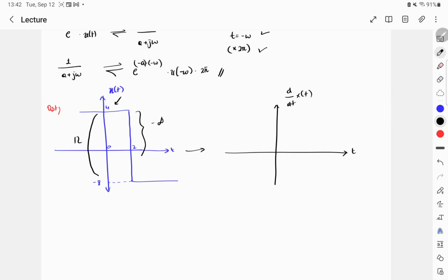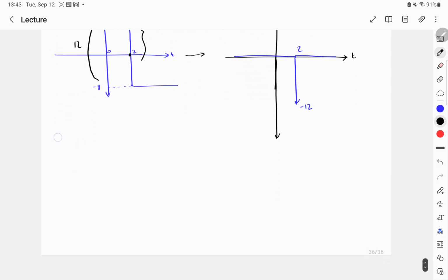So we will have an impulse which has a magnitude of minus 12 at the point 2. And all the other values are 0. So this is our derivative function.